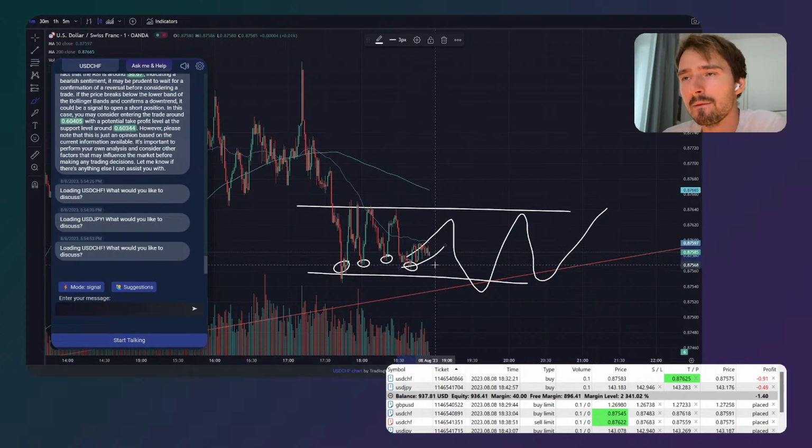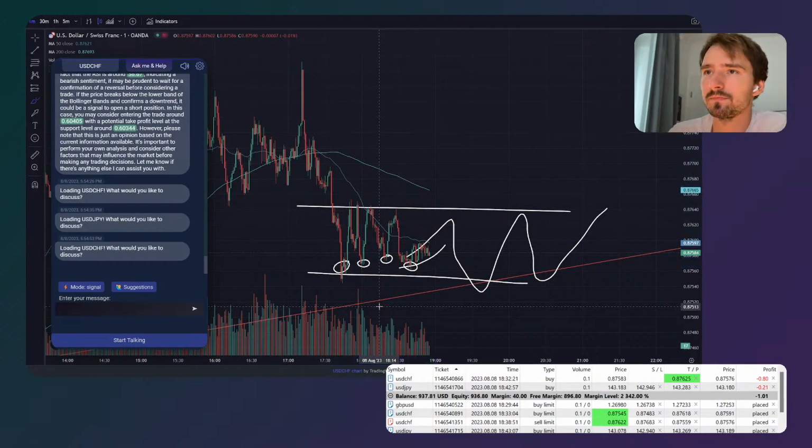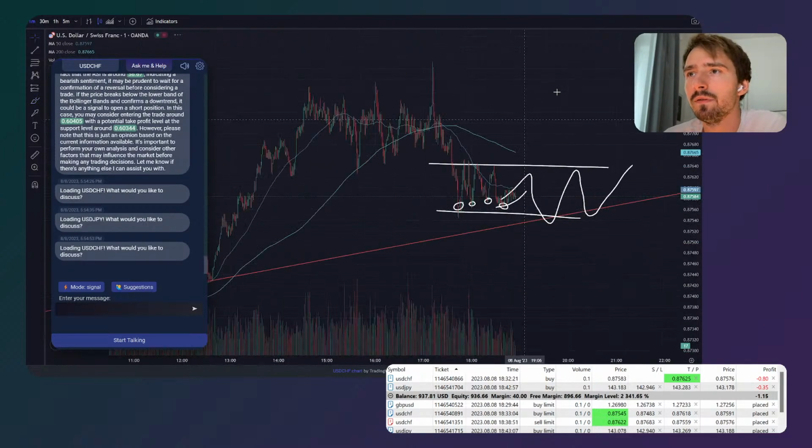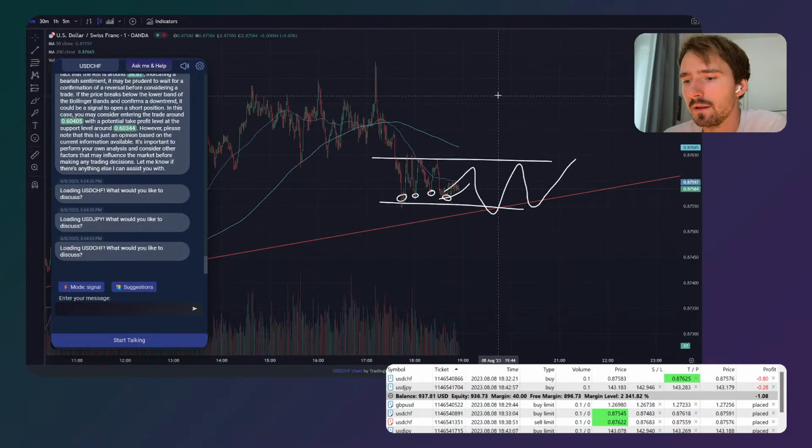So someone could say that this is the capitulation flag, but I don't know, man. Could be, who knows. We'll definitely know soon.